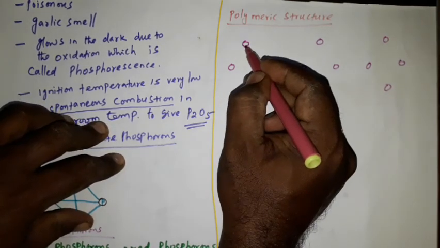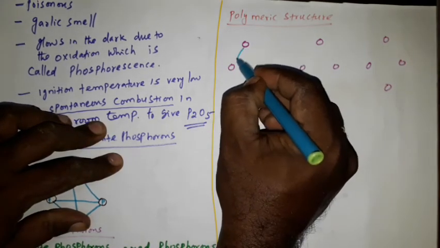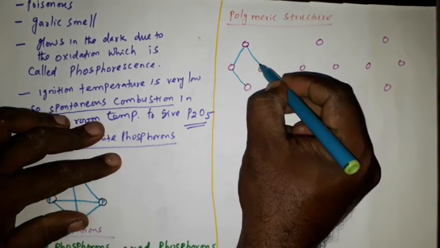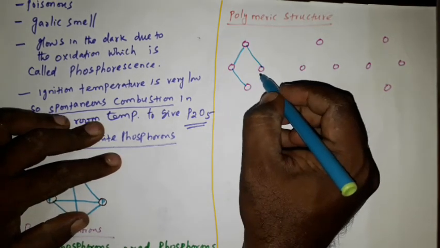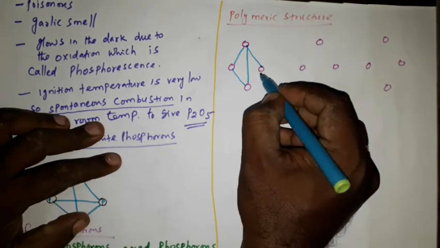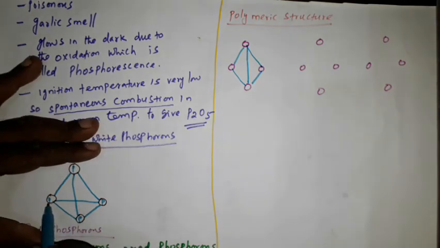See here, one bond is between this phosphorus and this phosphorus.